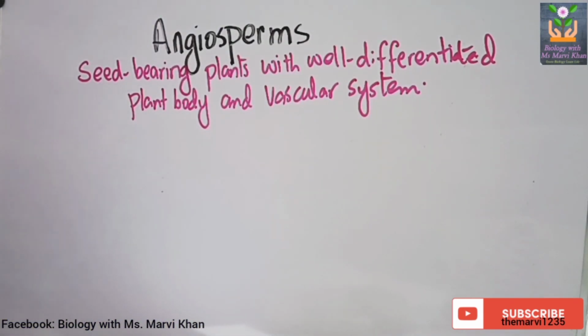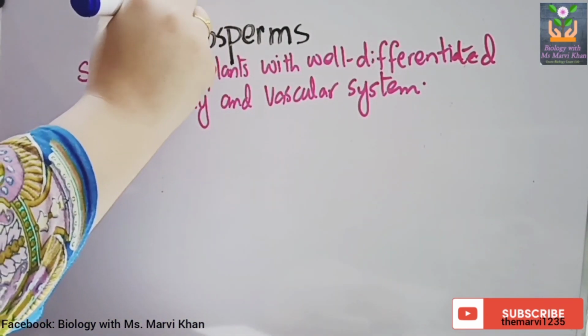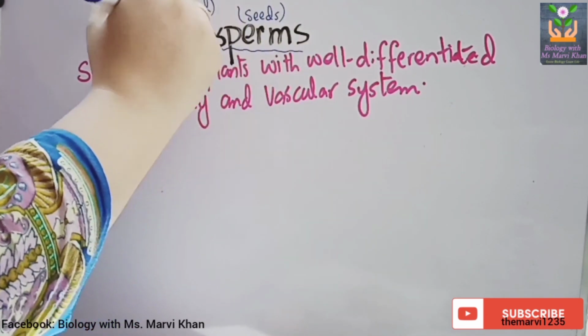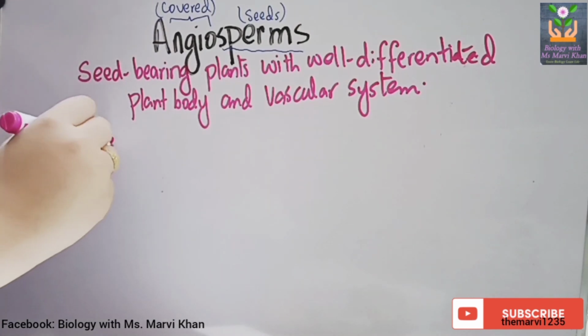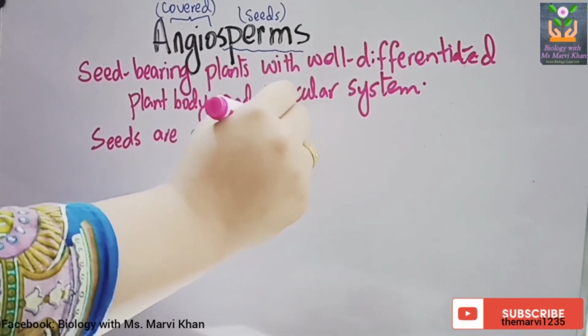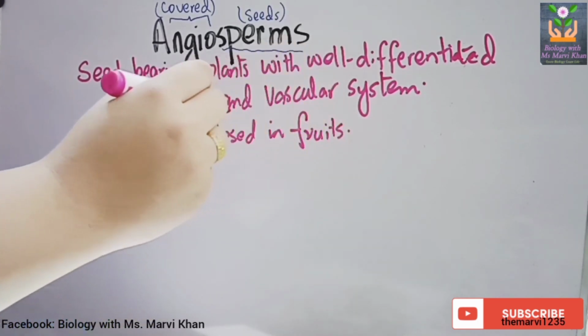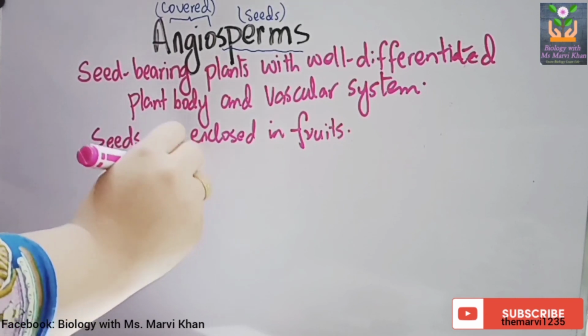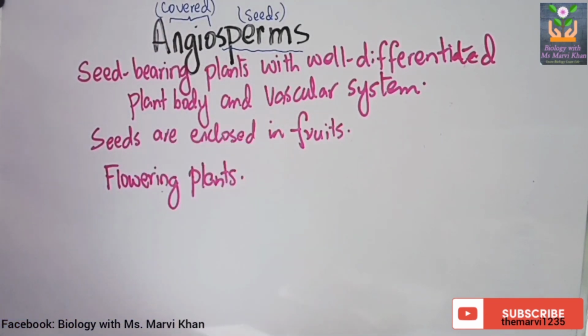That is why we call them flowering plants. The word angio means covered and sperm means seed. So their seeds are covered or enclosed within the fruits. These angiosperms can be further categorized into monocots and dicots.